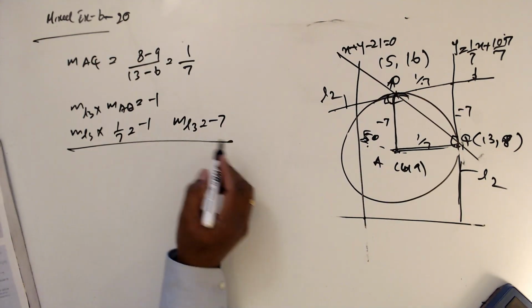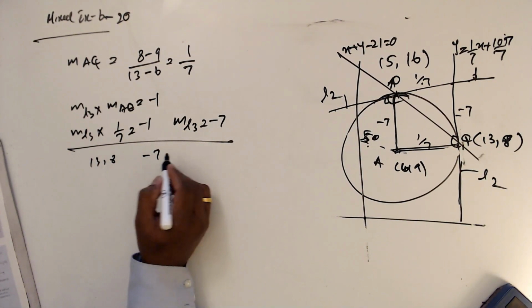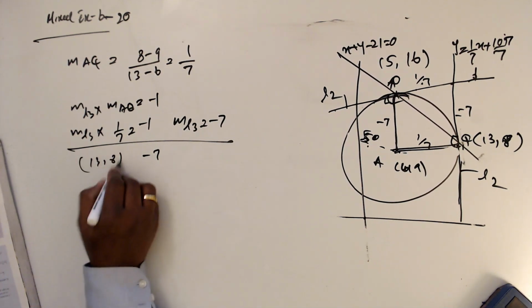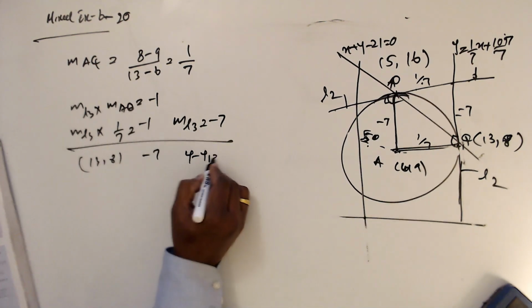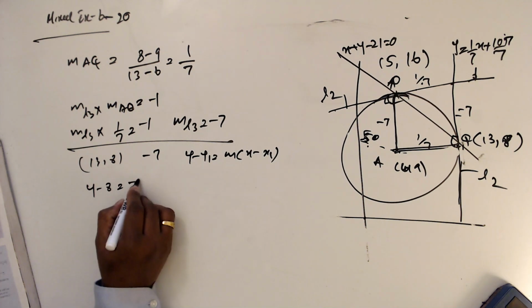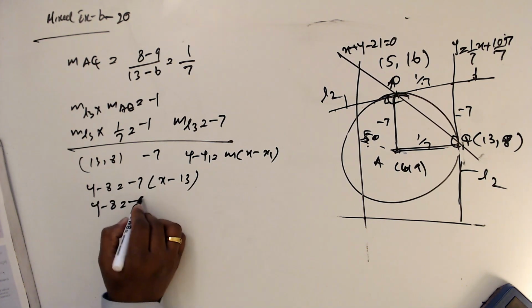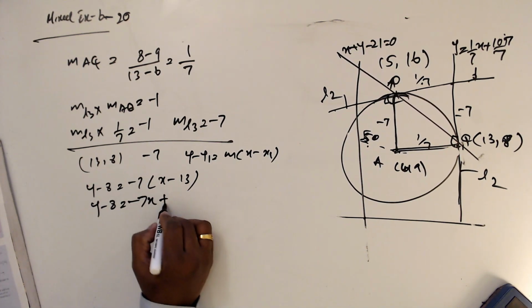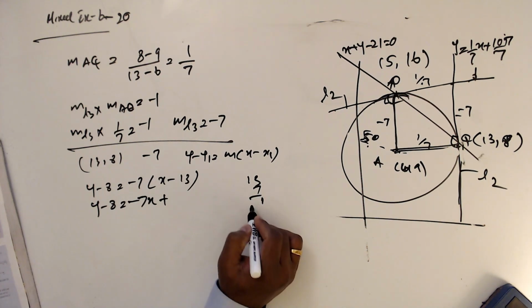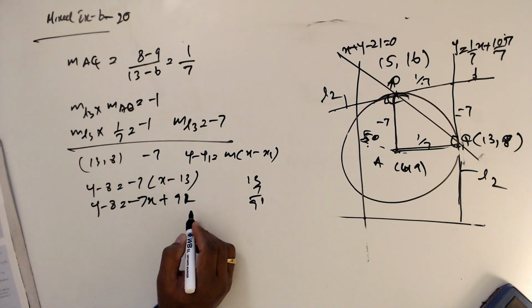Then we have a point (13, 8) and we have the gradient, and then we can work out y minus y1 equals m times (x minus x1). y minus 8 equals 7 times (x minus 13). y minus 8 equals 7x minus 7 times 13, which is going to be 91.